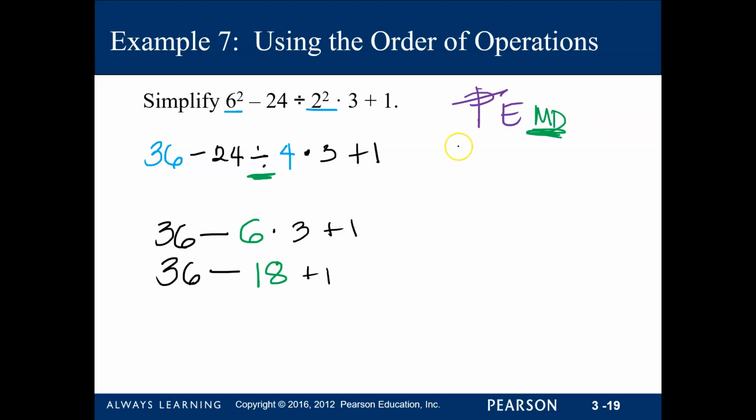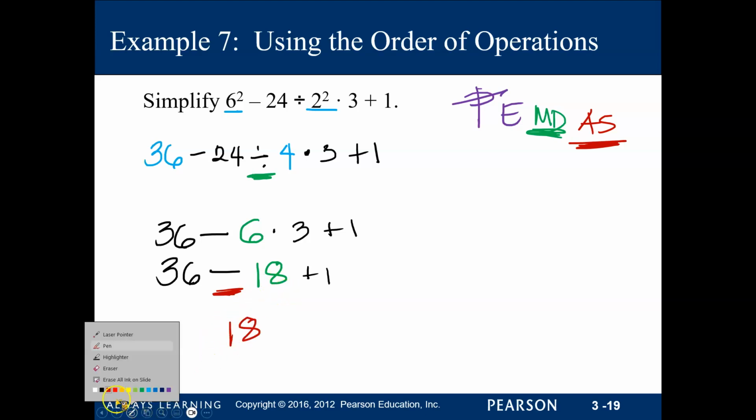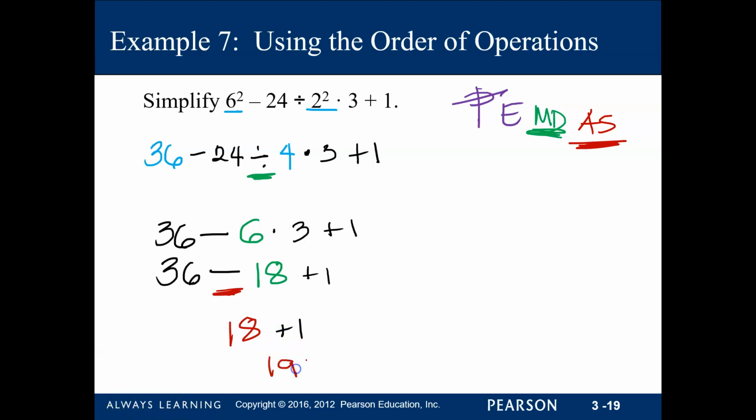Now we are done with the last part, which is addition or subtraction, whichever comes first. From left to right, you see that it's subtraction that we see first. So we evaluate 36 minus 18, which is 18. And you have your plus 1. Eventually, our answer will be 19.